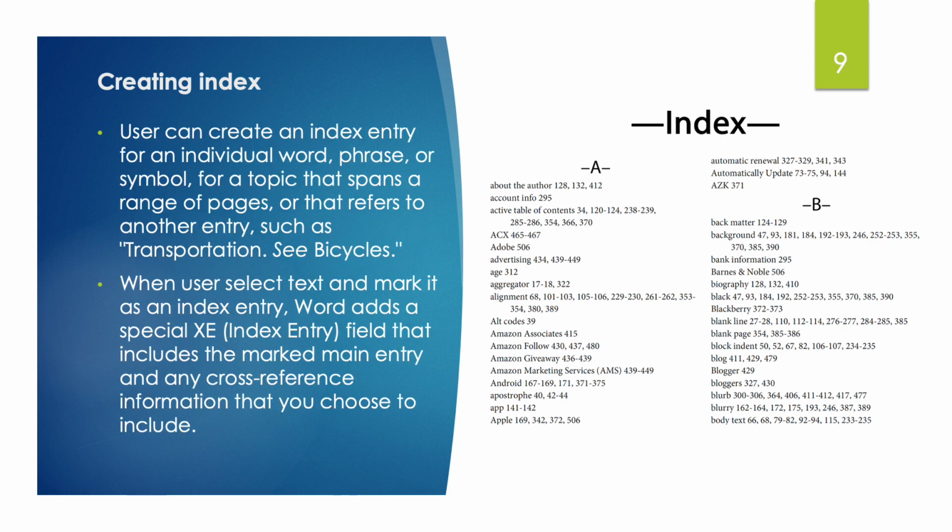The user can create an index entry for an individual word, phrase, or symbol, for a topic that spans a range of pages, or that refers to another entry. When the user selects text and marks it as an index entry, Word adds a special XE field, which is the index entry field that includes the marked main entry and any cross-reference information that you choose to include.